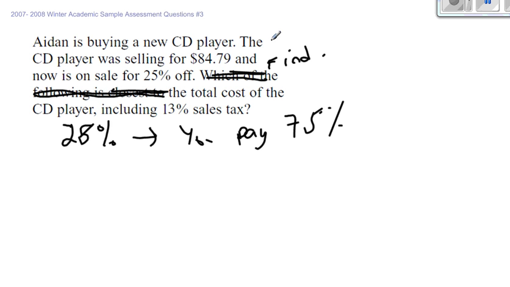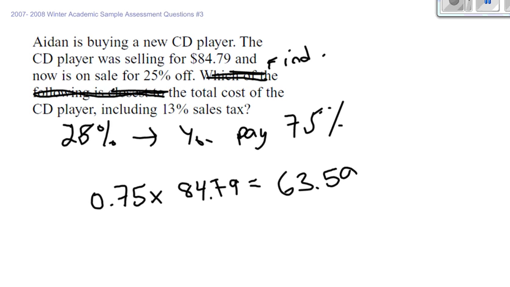So I'm going to calculate 75% of $84.79. It's a way of calculating the new price in one simple step. So 75% of 84.79 gives me $63.59.